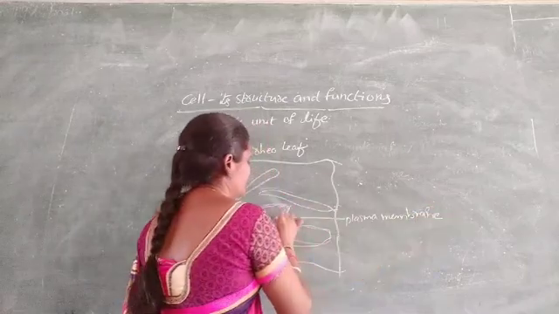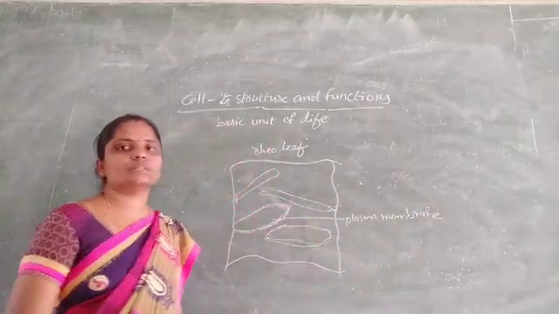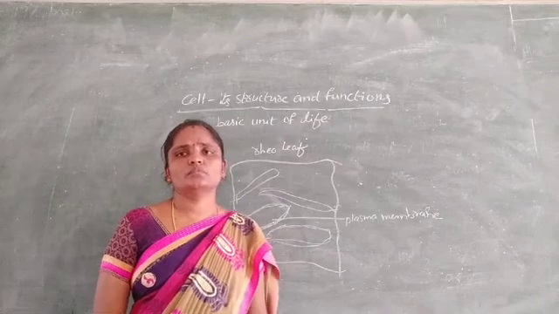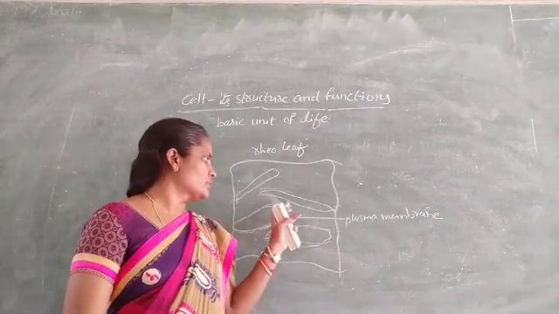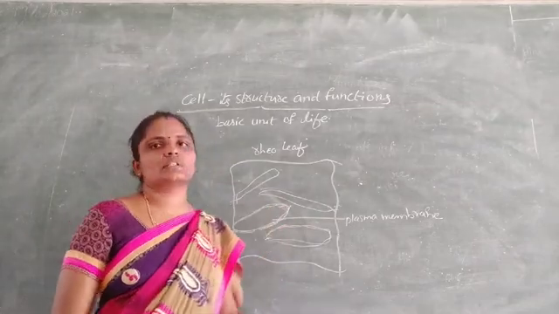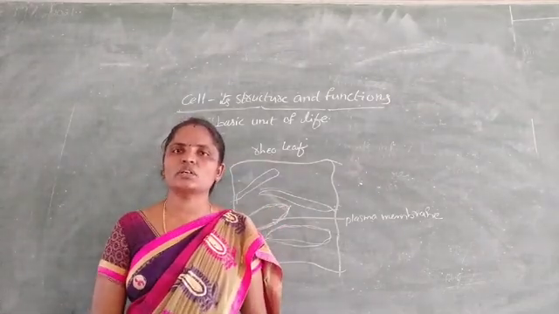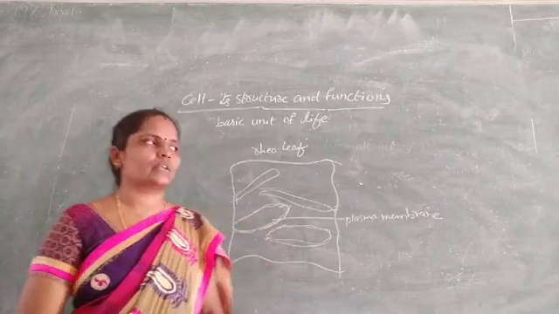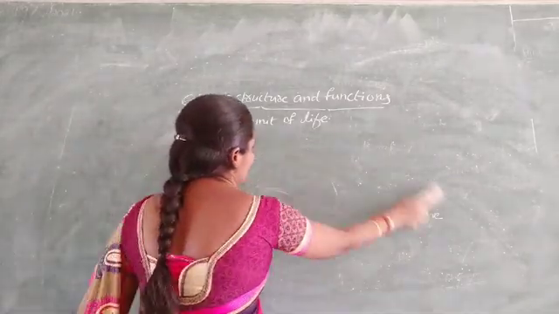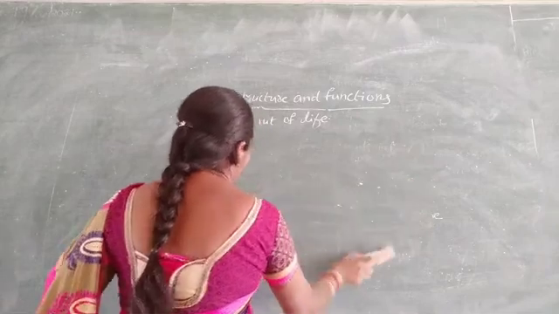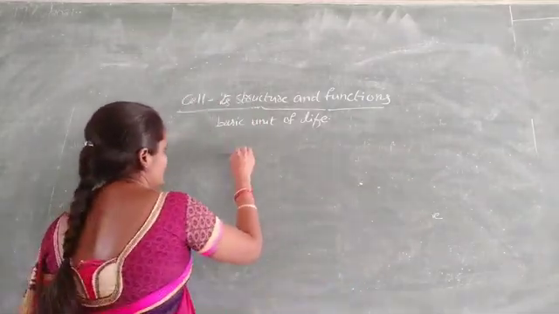Plasma membrane. Here you can observe the cell's outer layer, the outer covering of the cells, which is called the plasma membrane. First we are going to learn about the cell membrane or the plasma membrane.